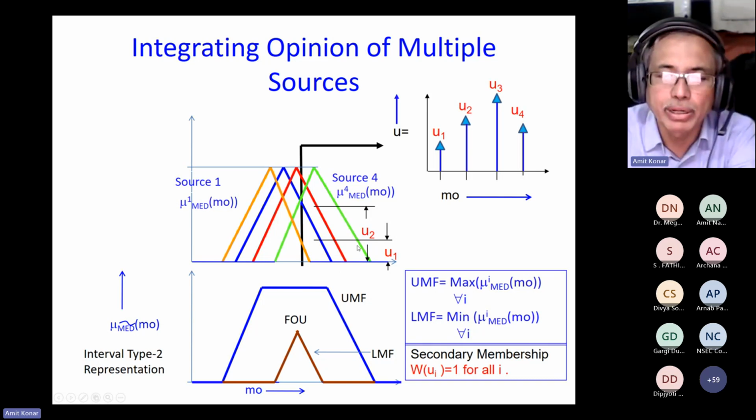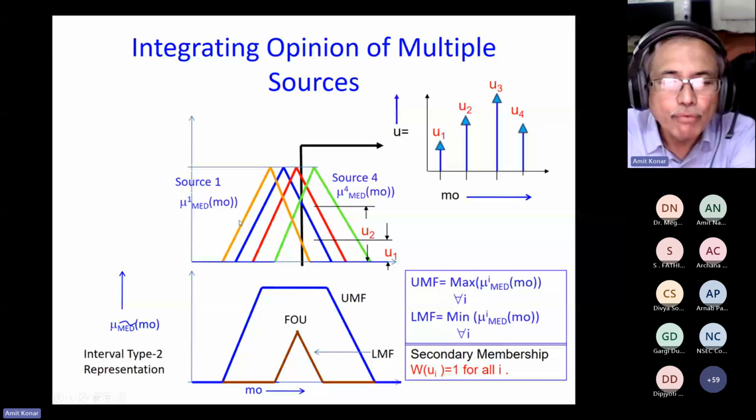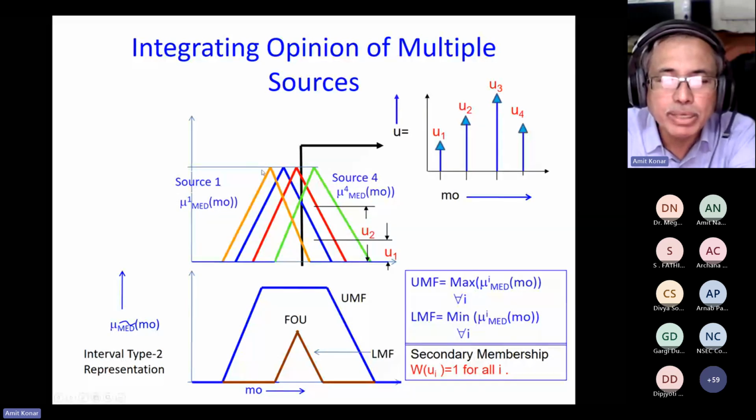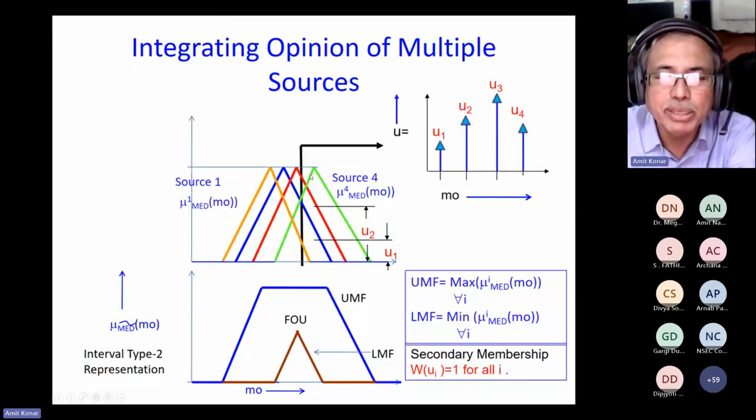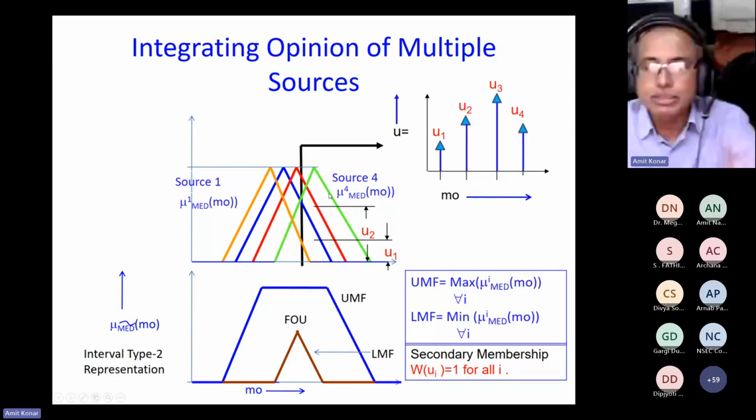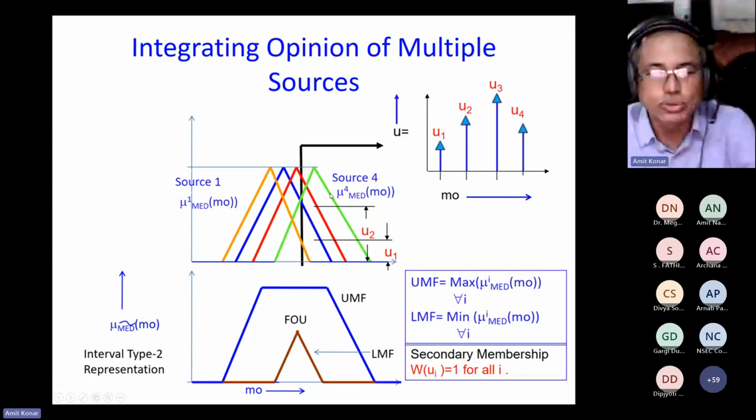The 4 people have drawn 4 different membership curves with the peak shifted, looking similar but shifted. The x-axis is the mouth opening of the person, and for mouth opening medium, the 4 people's opinions are different. They are just 4 people, maybe you can call them experts in common sense reasoning.